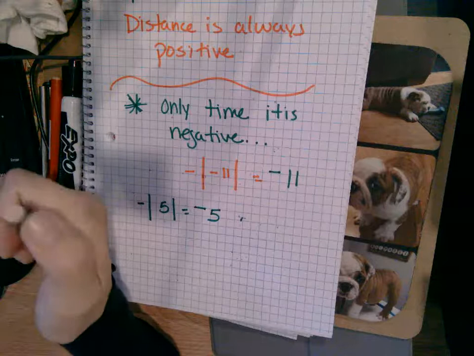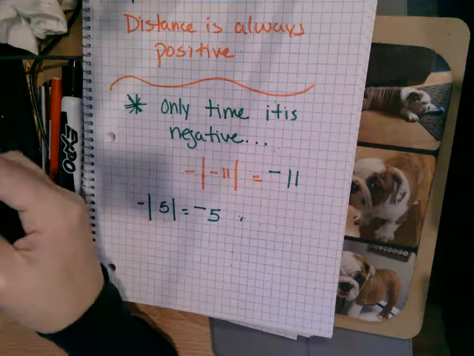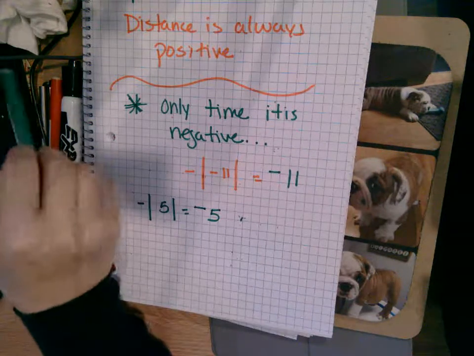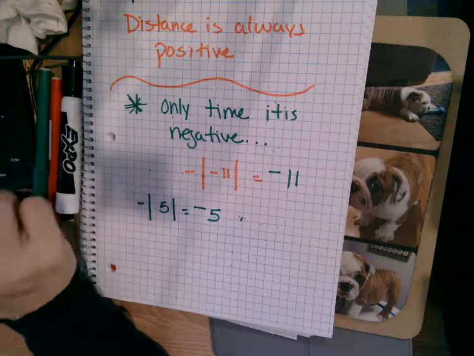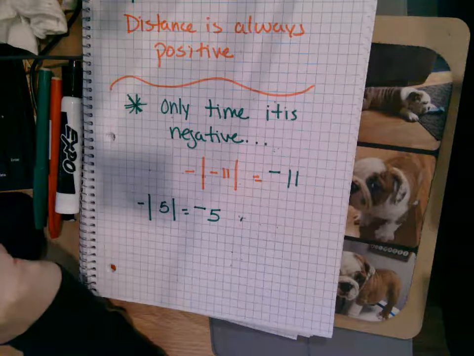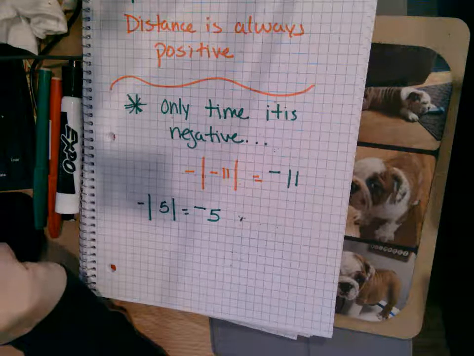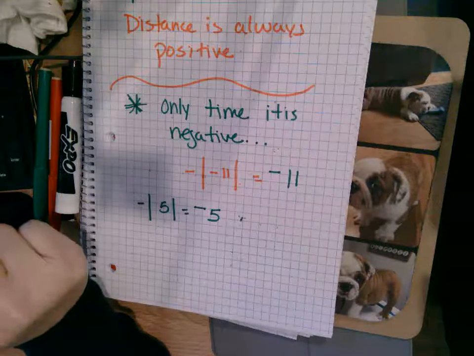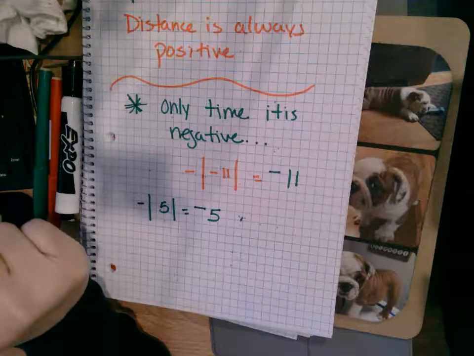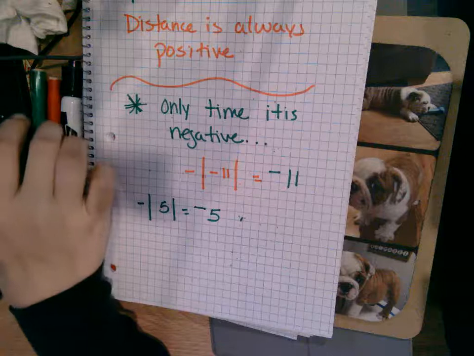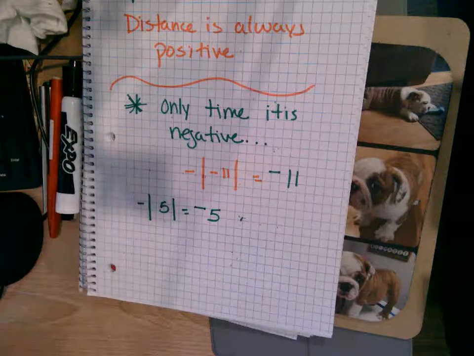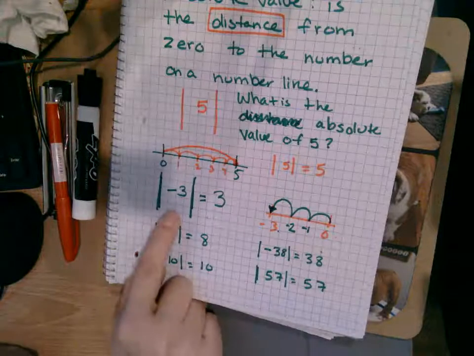Like if it was -5 in the same box, what would that be? Like this, -3?